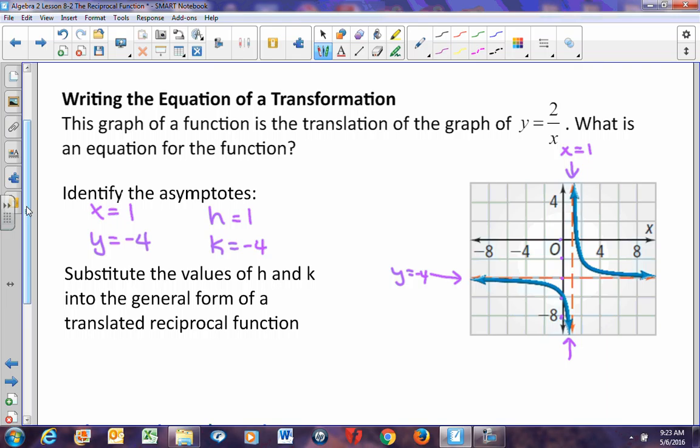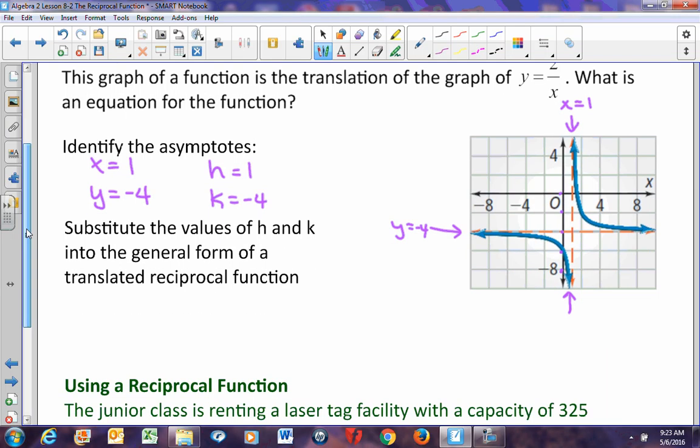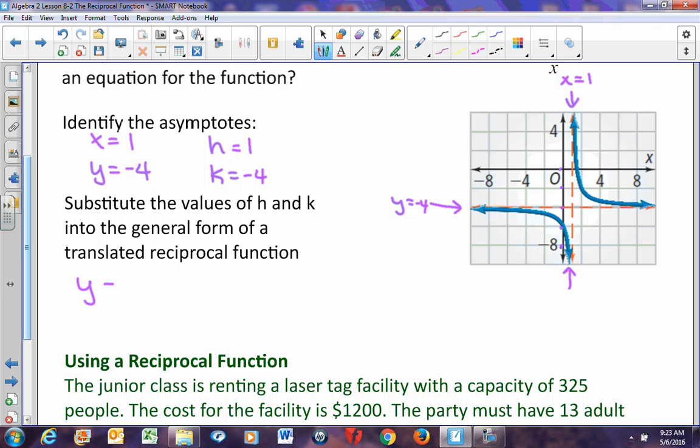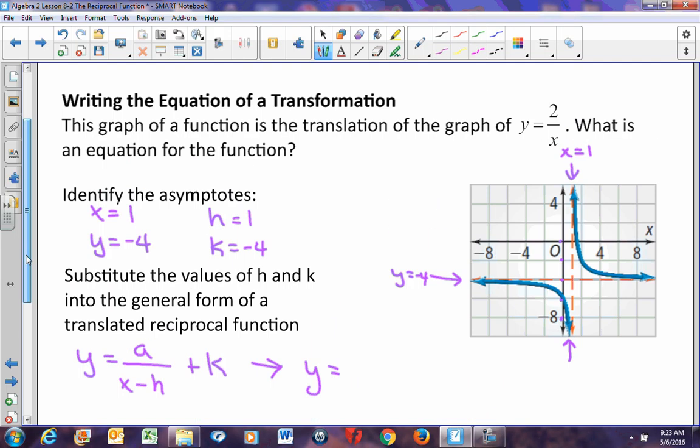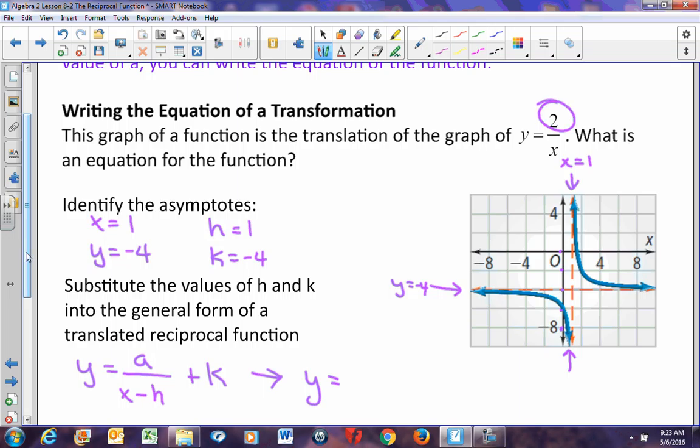So now that I know what h and k are, we can do those in the general form of the equation. If you remember, the general form of the equation is y equals a over x minus h plus k. So let's substitute in what I know. Y equals, my a is 2, isn't it? Because way back here, that's what we had in our equation.